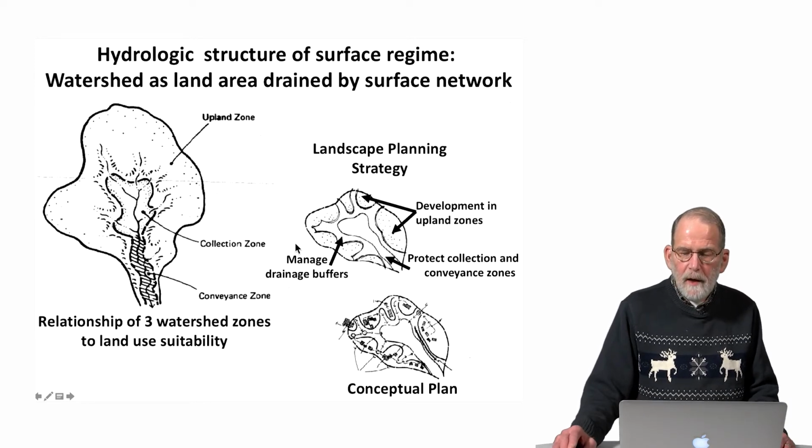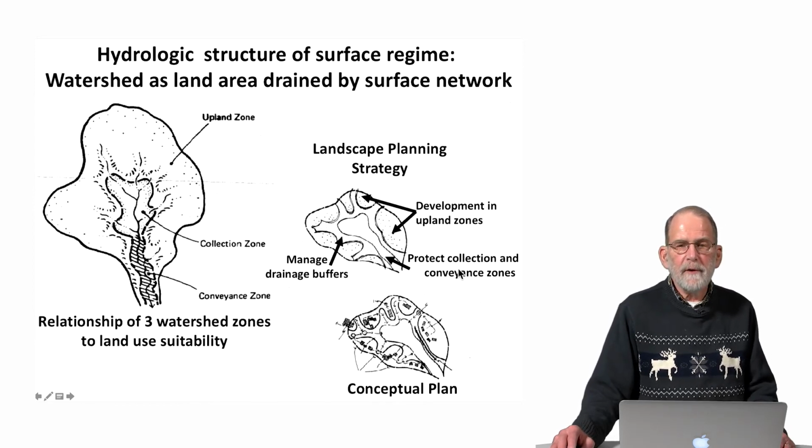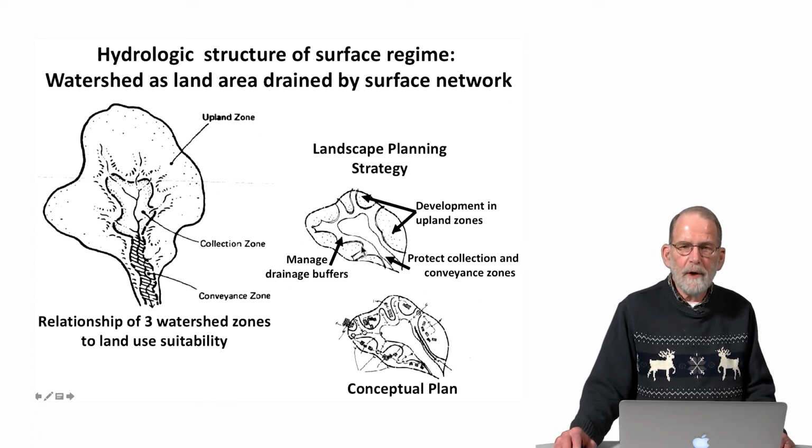And then we want to protect the collection and conveyance zones. And once we've done the protection of the collection and conveyance zones and managed the drainage buffers, then we can talk about development or other kinds of upland uses occurring within the upland zones that are left behind.